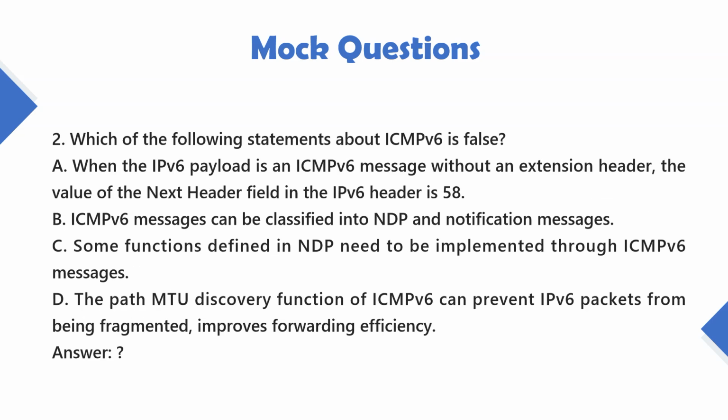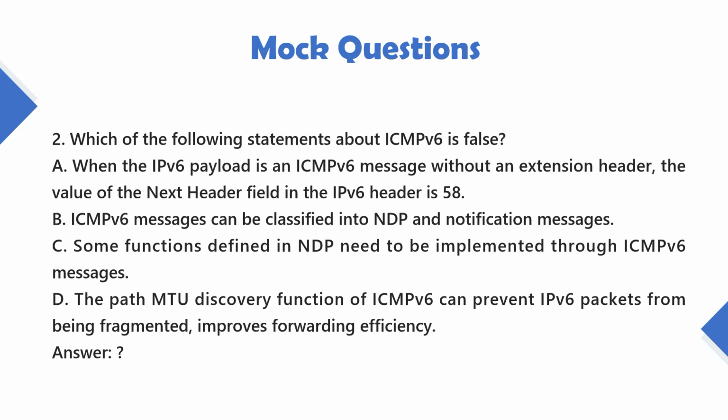2. Which of the following statements about ICMPv6 is false? A. When the IPv6 payload is an ICMPv6 message without an extension header, the value of the next header field in the IPv6 header is 58. B. ICMPv6 messages can be classified into NDP and notification messages.